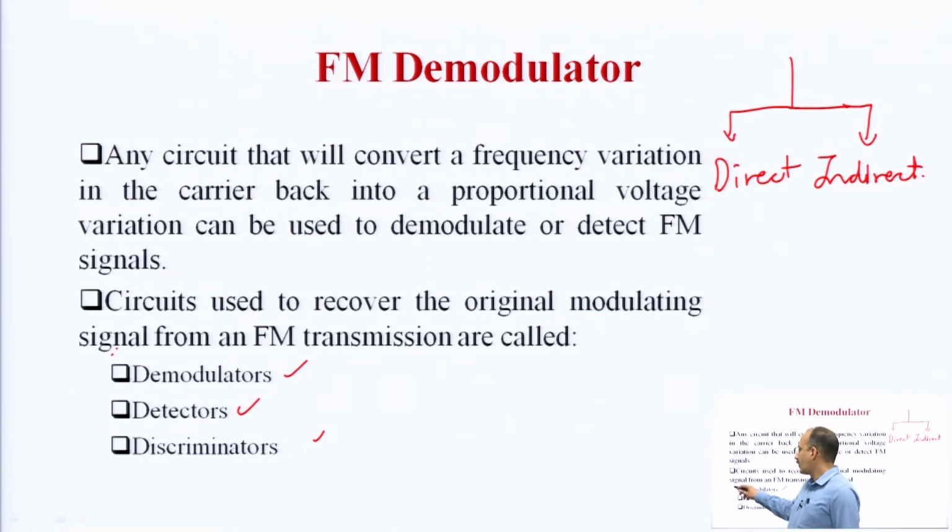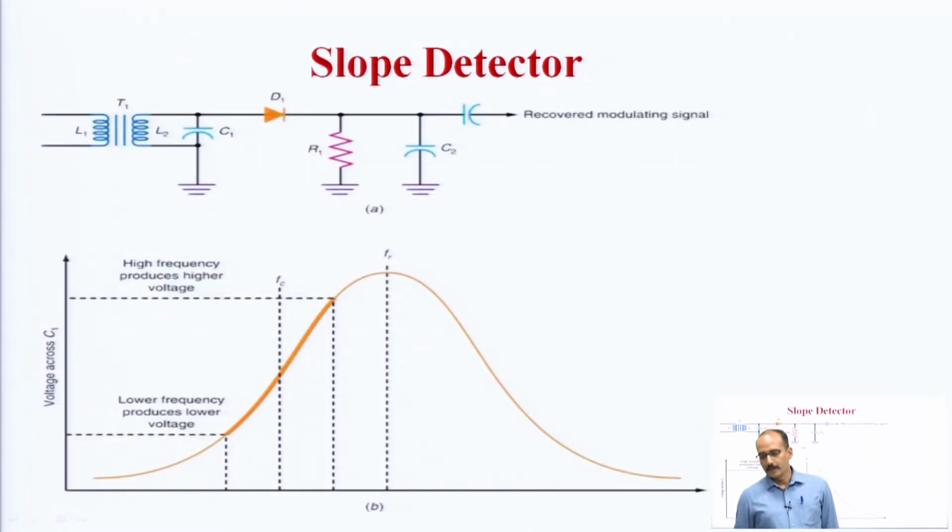These are all methods of direct demodulation of FM. Starting from the very first, the slope detector. In this slope detector technique of FM detection, we take the slope value, as we do in AM signal demodulation or other signals where we identify the slope of an individual signal.